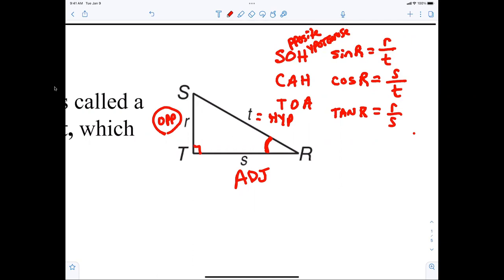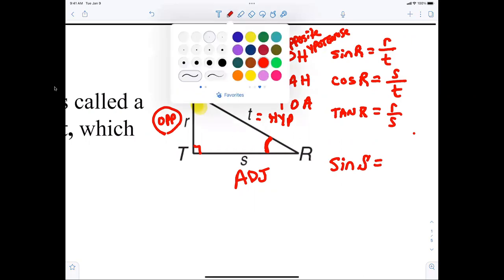They find this confusing because what if I ask you about the sine of S? Somebody tell me what the sine of S would be. T over T. S over T. So why do they say it's confusing?